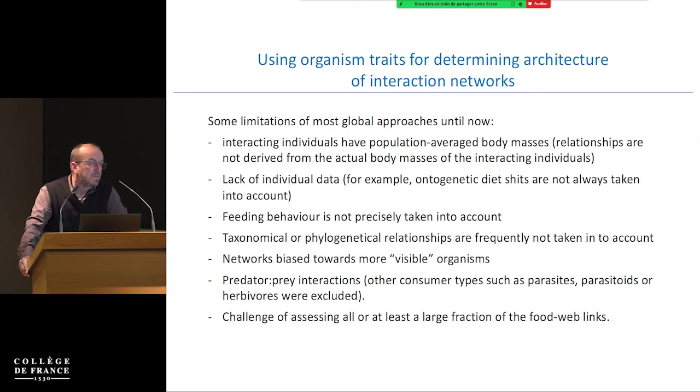Also, we sometimes have a lack of individual data, for example, ontogenetic diet shifts, which are not always taken into account, for example, for fish, where we can have very large variation in size and also in type of prey with ontogeny. And last, the feeding behavior of consumers is not frequently taken into account.